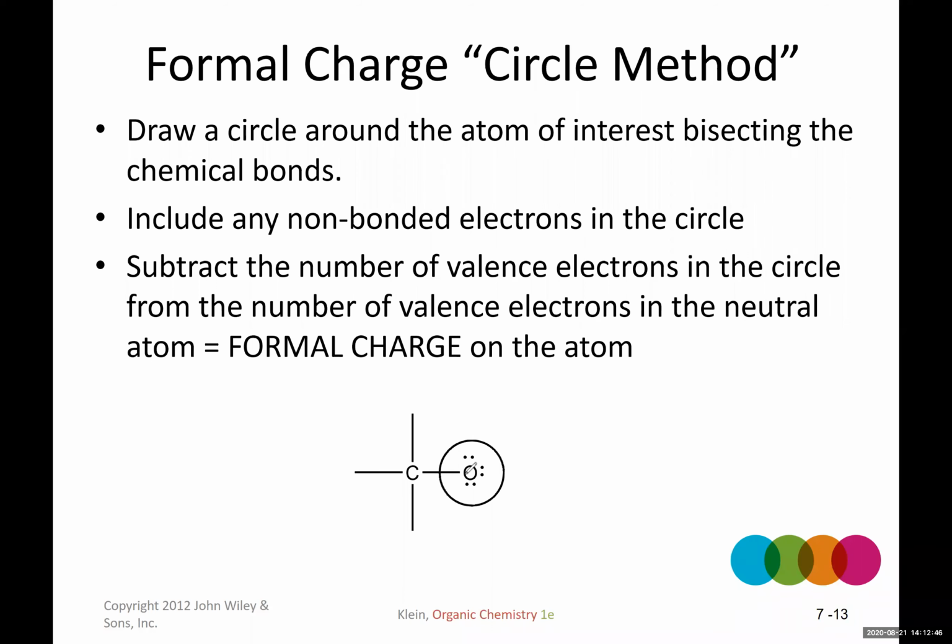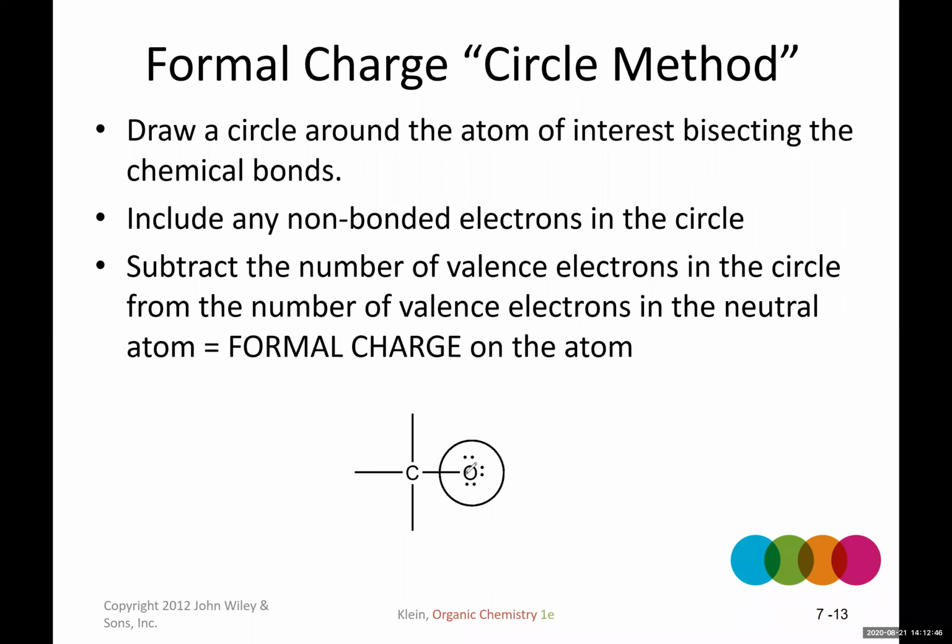Then what we do is we take the number of electrons in the neutral atom. It's an oxygen. Oxygen is in group 6A, so it has 6 valence electrons. We subtract all the non-bonded electrons, the lone pairs. There are 3 non-bonded pairs of electrons, or 6. You have 2, 4, 6.